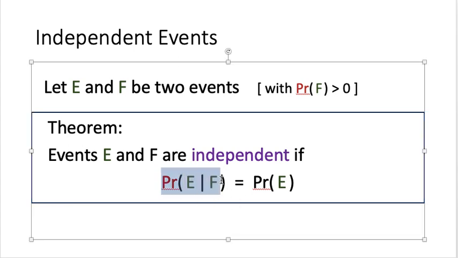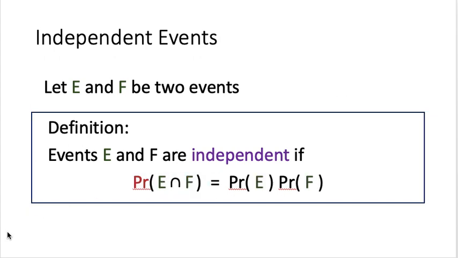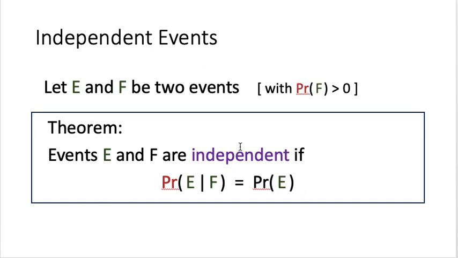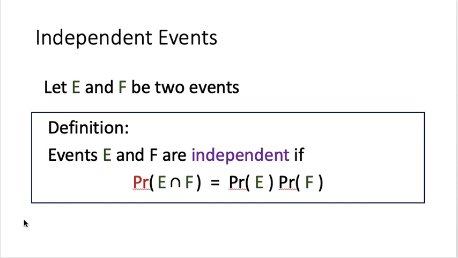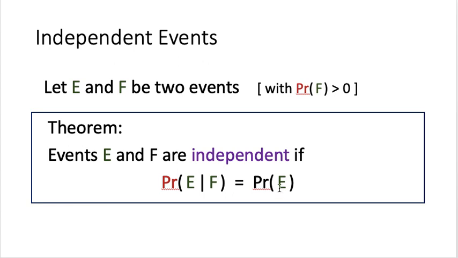The probability of E given F, this conditional probability, is equal to the probability of E intersect F divided by the probability of F. If we replace it this way and do a rearrangement, we will have the probability of E intersect F equal to the probability of E multiplied by the probability of F. We get the formula in the previous case. Is that okay? So if this happens, then the previous page happens, and the events E and F are independent.